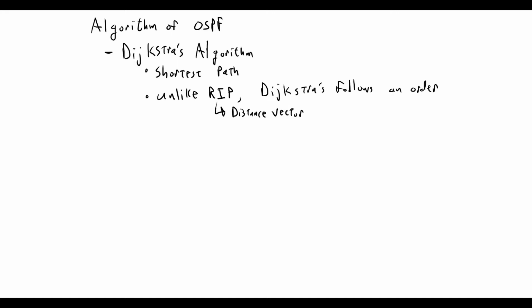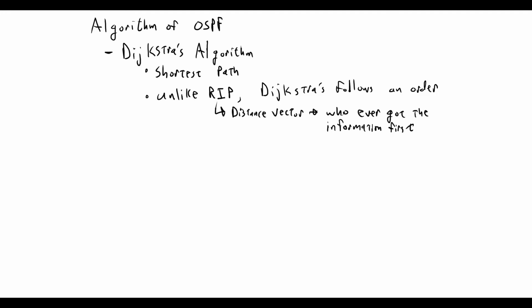So in distance vector, it was kind of whoever got there first kind of got to be the best path, because we could end up with equal distance paths to a destination.